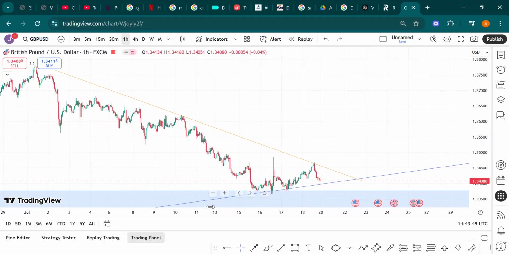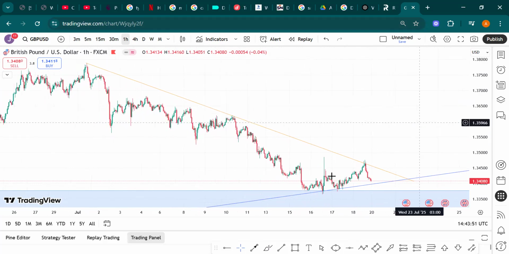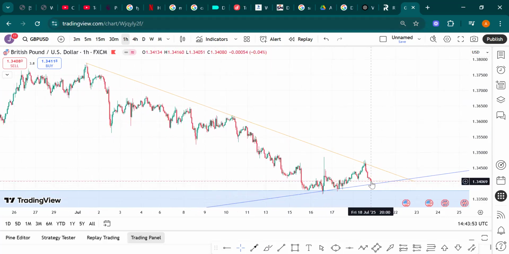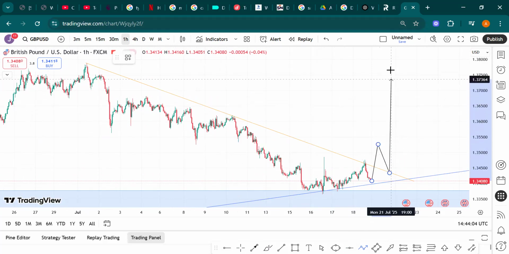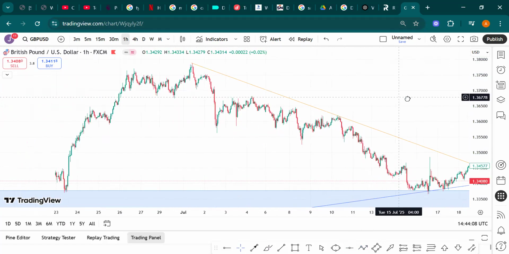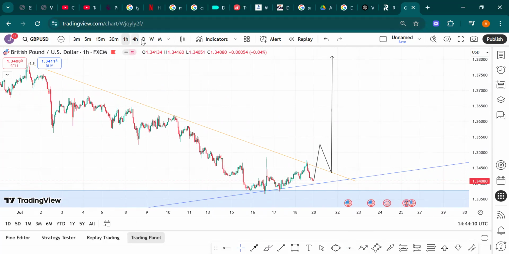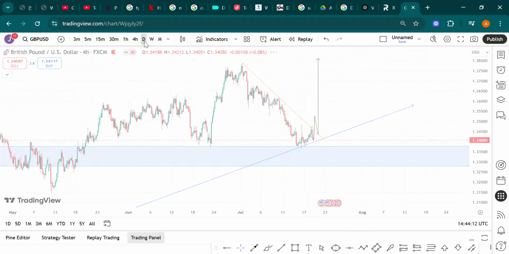So I would like to advise that we pay close attention to GBPUSD this week, as anything that makes price break out of this trend line and make a retest will give us a lot of buying opportunities upwards. So this will be my simple outlook for GBPUSD this week.